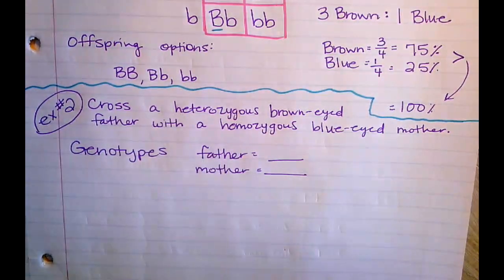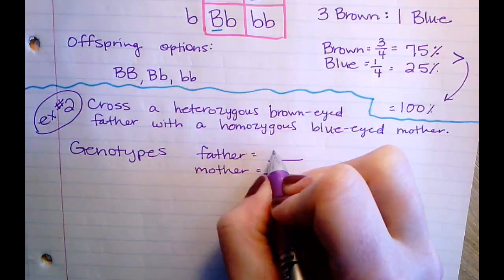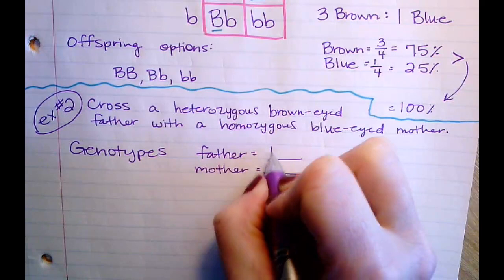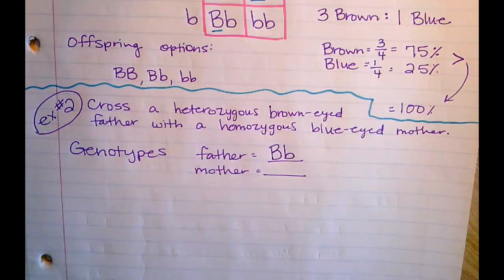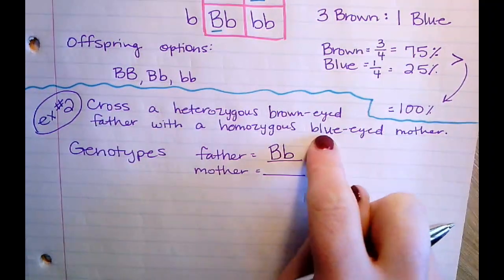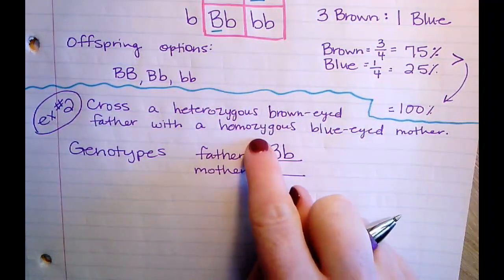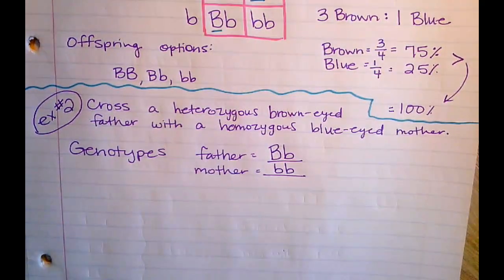Okay, and if you want to pause it and see if you can get it before I answer it, that's totally fine. So heterozygous brown-eyed father would be big B, little b. And a homozygous blue-eyed mother would be, well, since it's blue eyes, it's recessive, and if it's homozygous, it's both, so that would be a little b, little b.